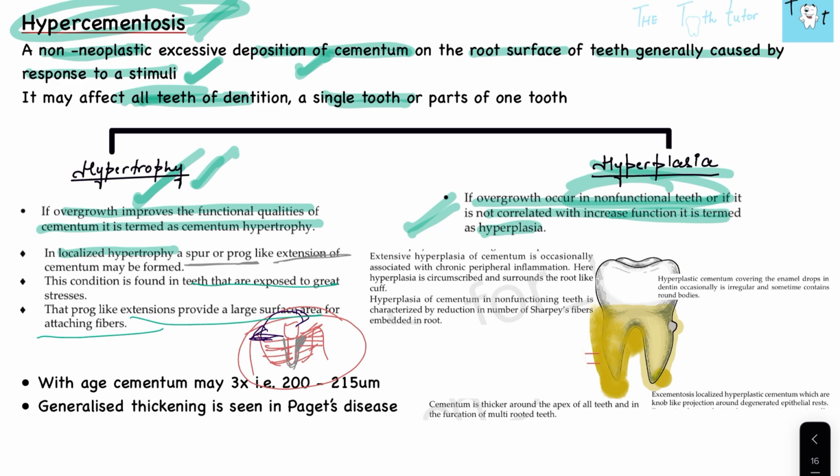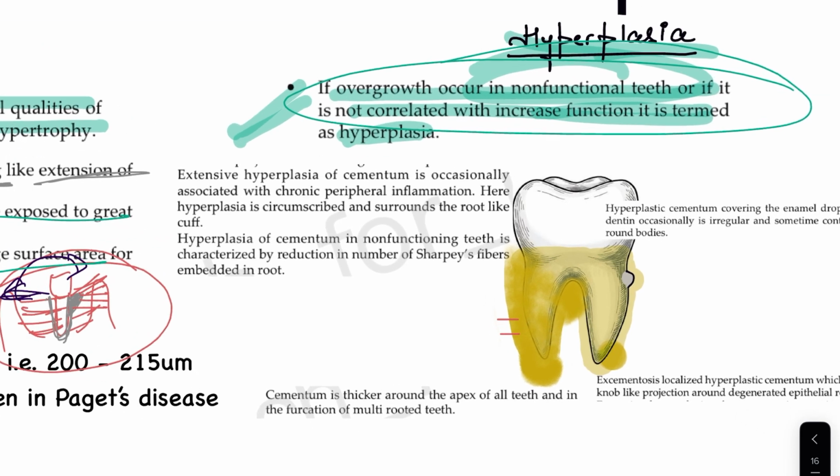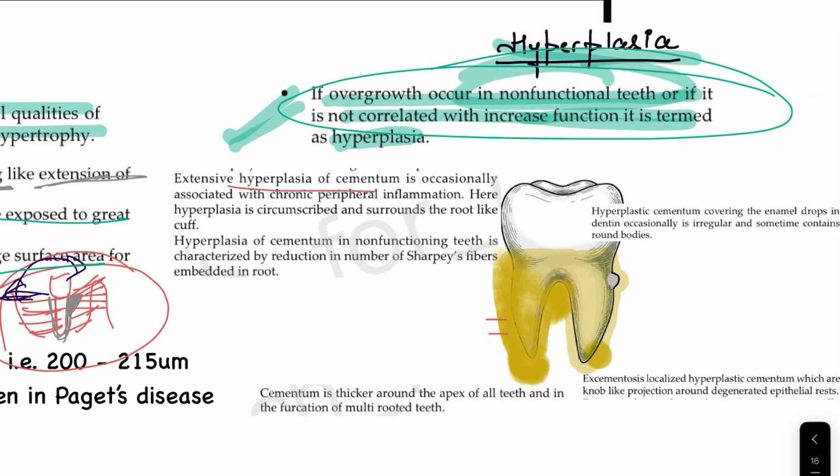Now hyperplasia, why is it happening in the non-functional teeth? If it's not playing any role in the occlusion, then what do we have over here? Extensive hyperplasia of cementum occasionally occurs with chronic peripheral inflammation.